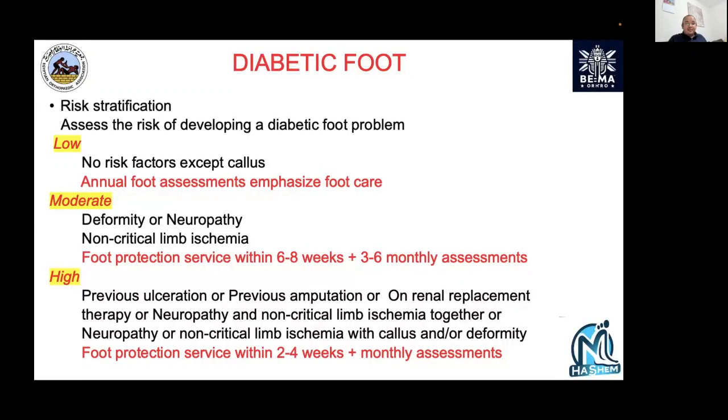If your patient is high risk, this is when the patient has a previous ulceration, previous amputation, a renal replacement, critical limb ischemia, neuropathy, or a combination of any of these. This patient needs to be under the foot protection service very urgently, within 2 to 4 weeks, and has to be seen in the clinic every 4 to 6 weeks.